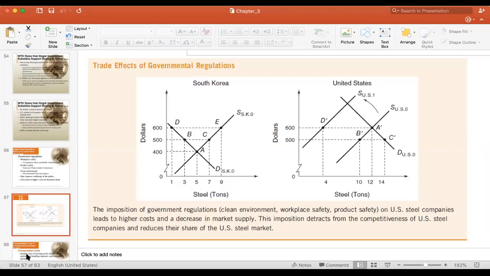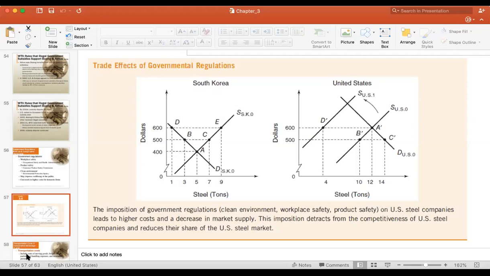Now, once trade opens up, we will have one single price, and that price will be determined between 400 and 600. Given demand and supply, we don't have to arbitrarily choose the price. The price will be chosen for us by demand and supply.